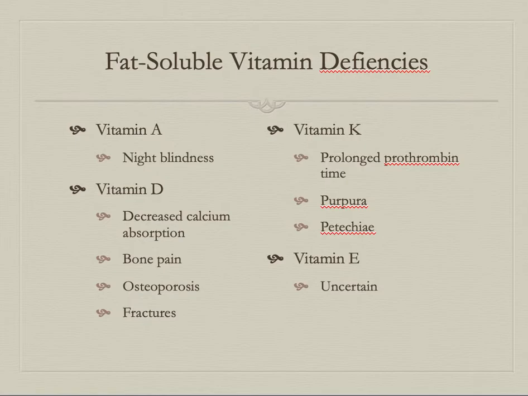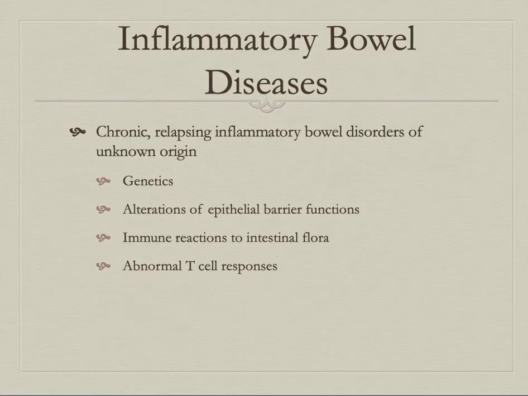Hemophilia is a very broad categorization that we'll talk about. But a lot of times that's a deficiency of a clotting factor. This is a nutritional issue, if you can't absorb vitamin K. But honestly, I don't think I've ever had somebody with a vitamin K deficiency. So we don't know what vitamin E does. We think it supports the immune system.